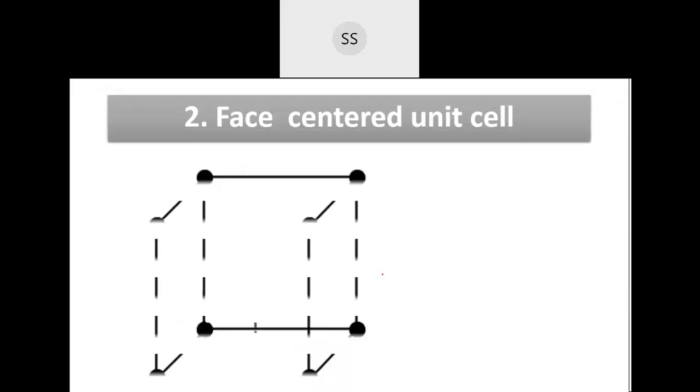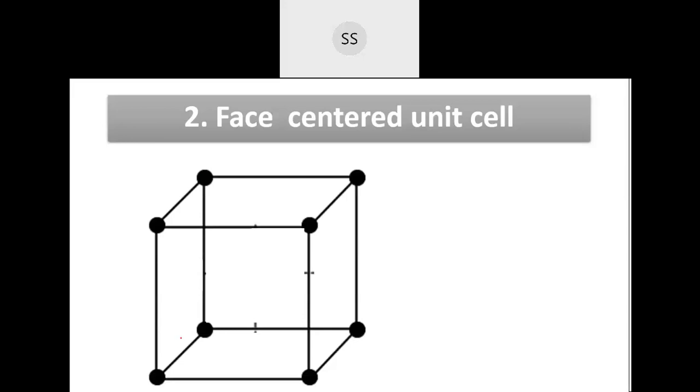Face centered is again 8 atoms are there in the corner. We said 8 corners will be there at the corner. Including that, in other places you will be able to find the atoms. So in face centered, what happens is you are finding 8 particles at the corner. Along with that, here you can see faces means the sides of the cube.